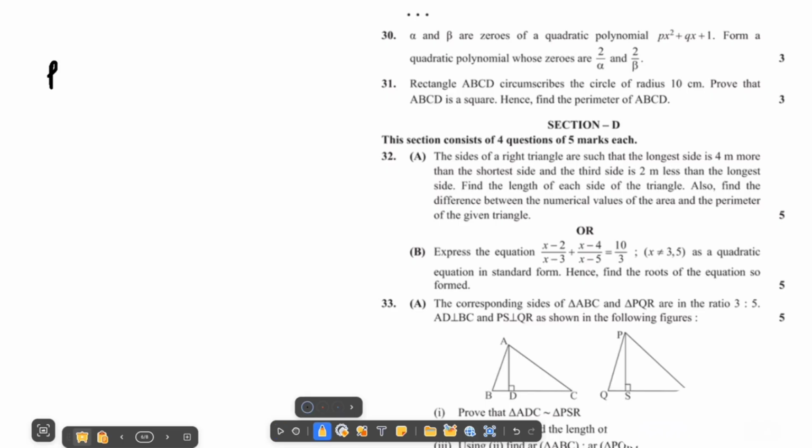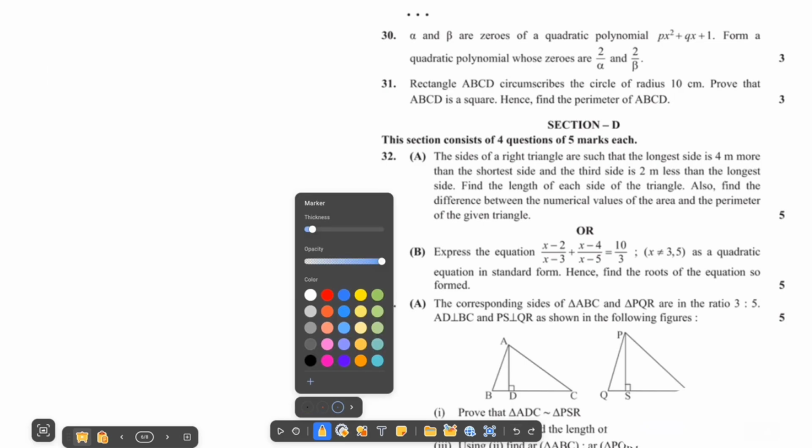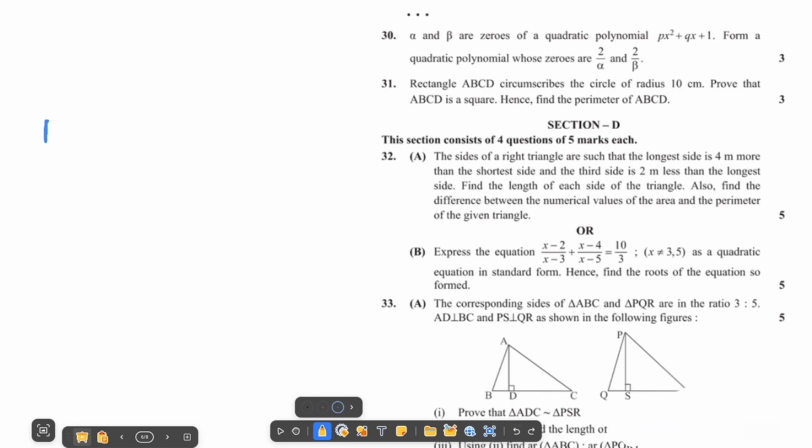So p of x equals px square plus qx plus 1.